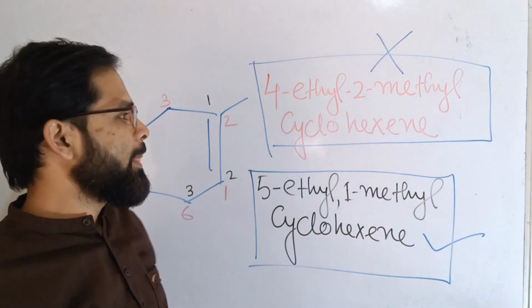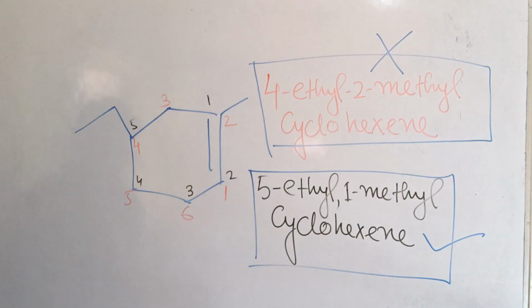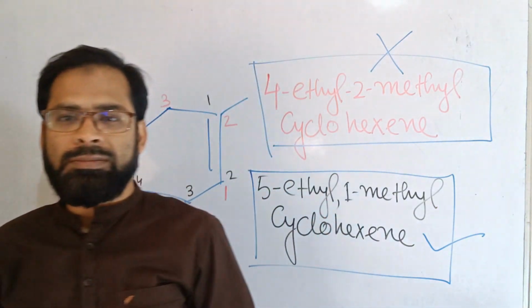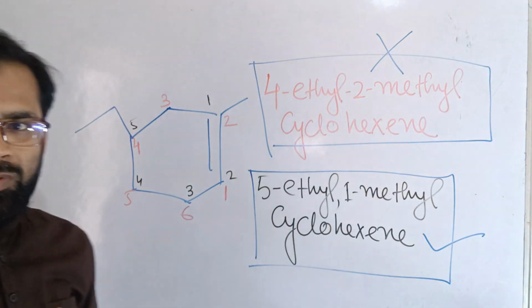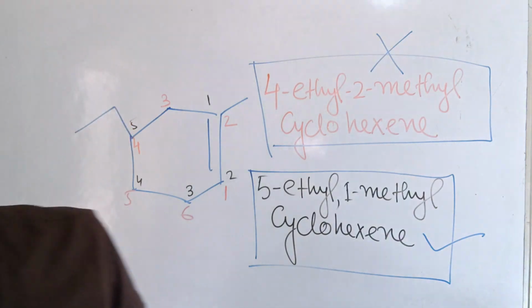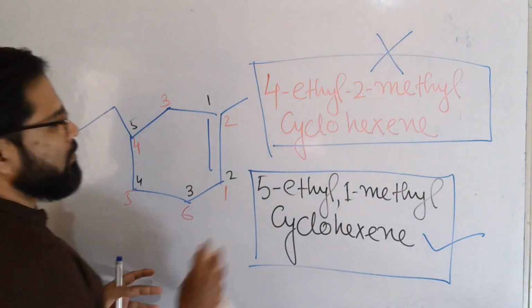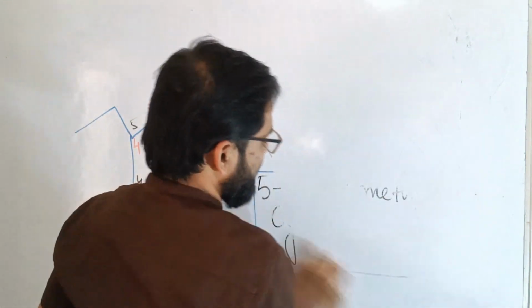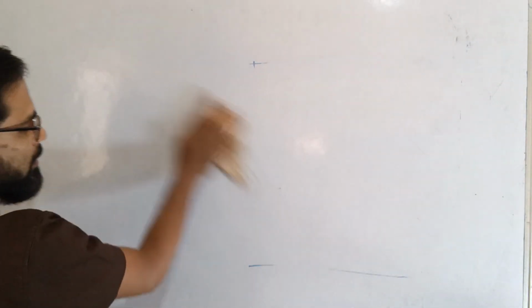Okay? So that way we have to practice more and more questions from any books. There are so many examples that you have to practice. Without practicing, you can't be a master of IUPAC nomenclature.